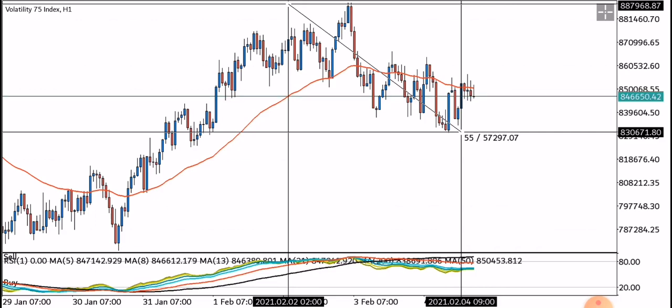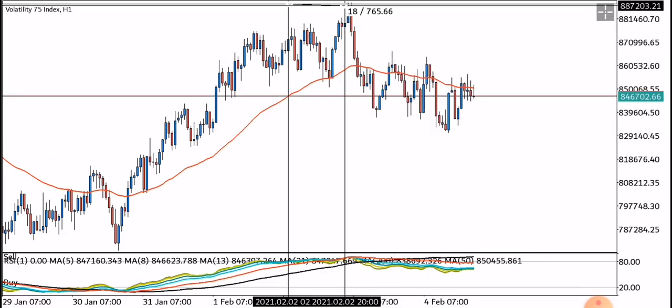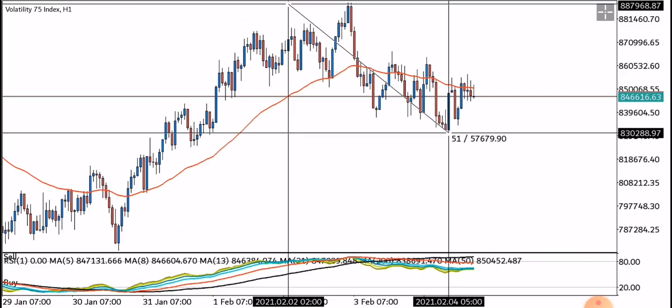And if you're taking it with a standard lot size, the mini lot size is 0.1, the micro is 0.01. If you take with the mini lot size, you'll be making $5,729 with this trade, just from the point of the reversal to the bottom here, right? You're making huge amounts of money.